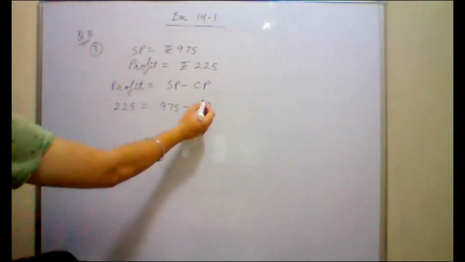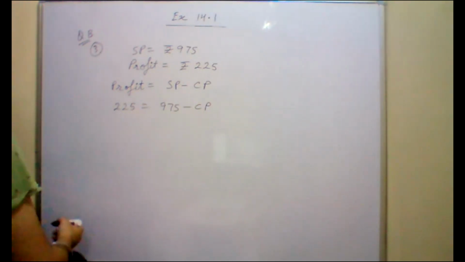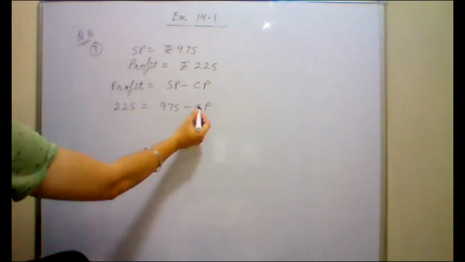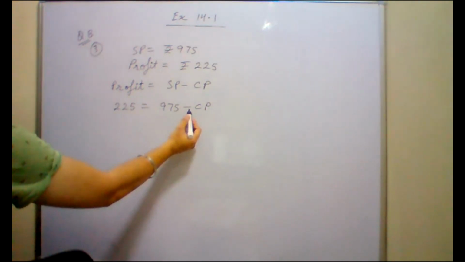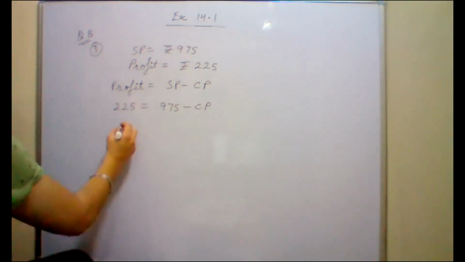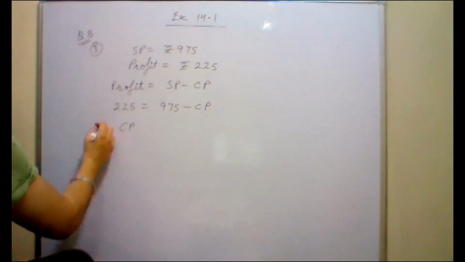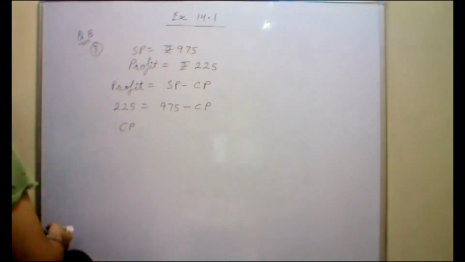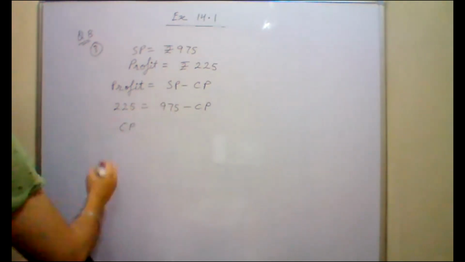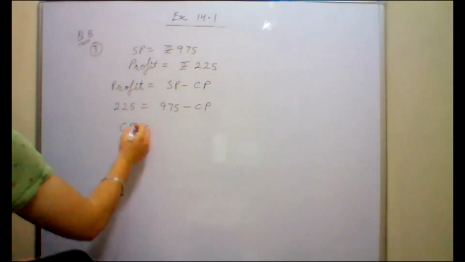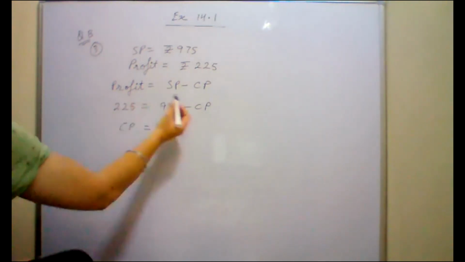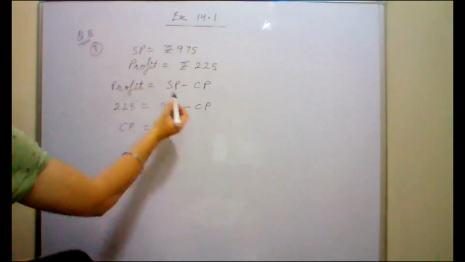Now you take CP to LHS because it is negative. CP is negative here, it has a minus sign. So you take it to LHS, it becomes positive. And 225 you take to RHS.